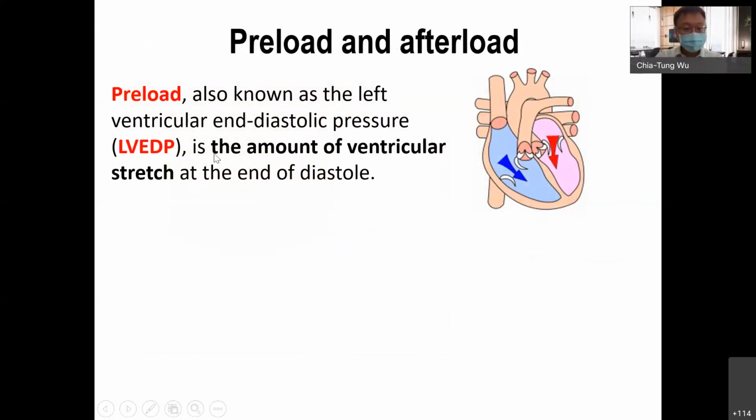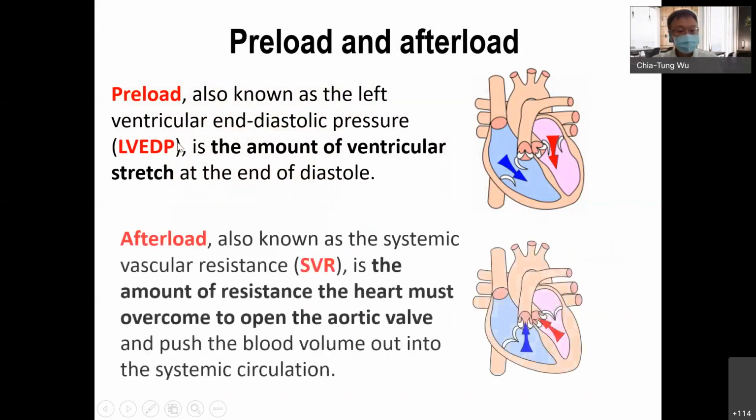The preload is the amount of ventricular stretch at the end of diastole when the heart expands. So we call it left ventricular end diastolic pressure. And afterload is the amount of resistance that the heart must overcome to open the aortic valve to squeeze the blood out into the aorta. So it's called the systemic vascular resistance.